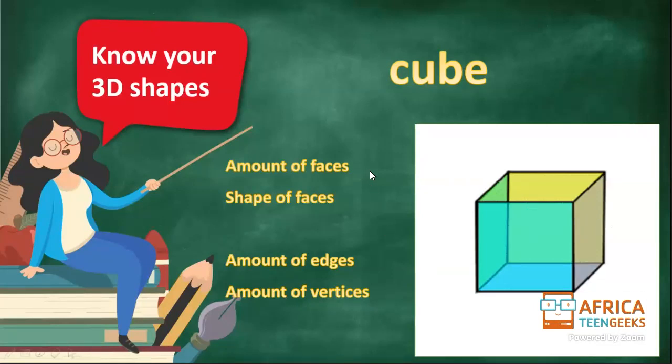So how many faces does a cube have? You've told me, but just tell me again. 5? No, not 5. Zara, only type your answer once, please. Amanda and Naledi, you guys are the first ones to reveal the correct answer. That is 6.